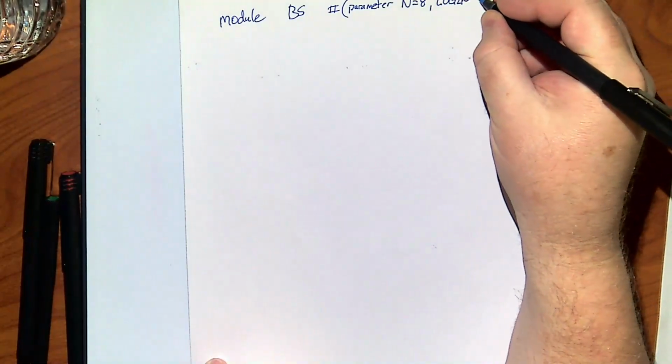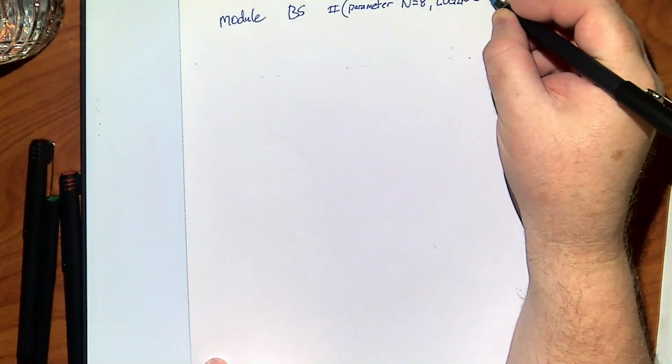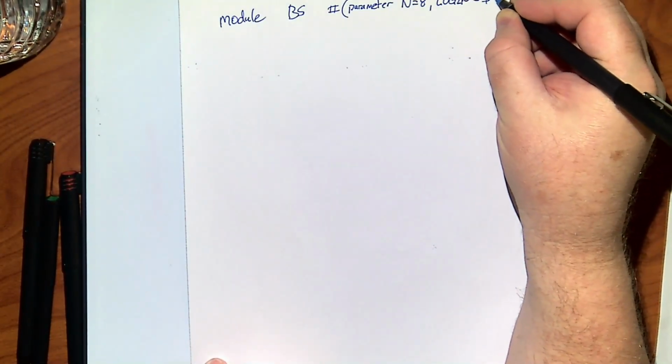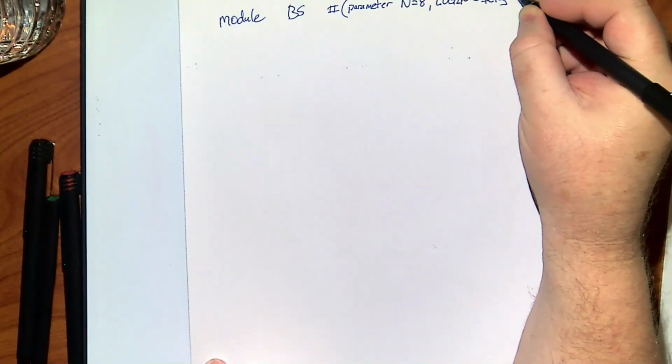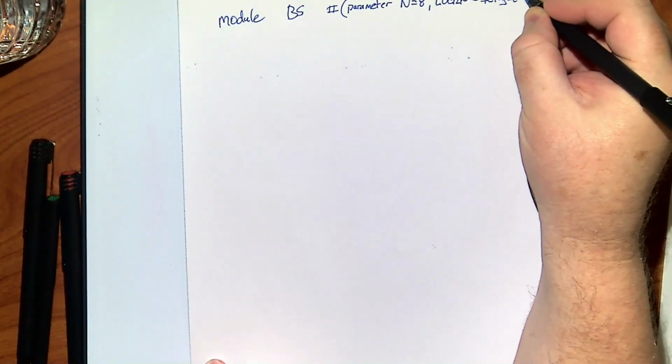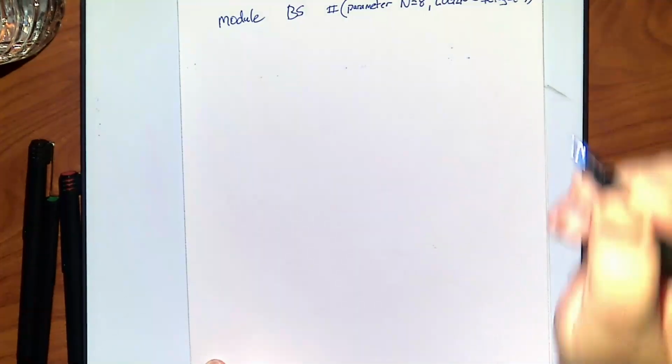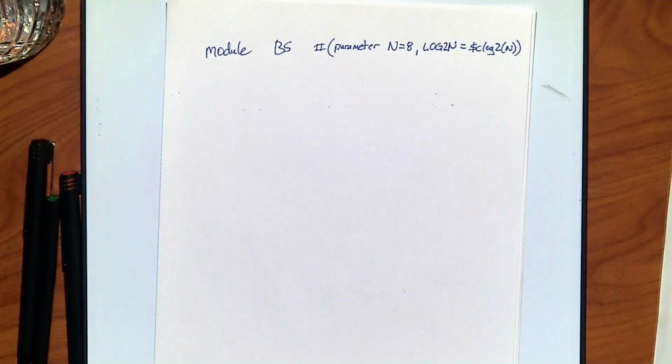That's actually just a name now. Its default is going to be $clog2 of N. After the equals is the default.